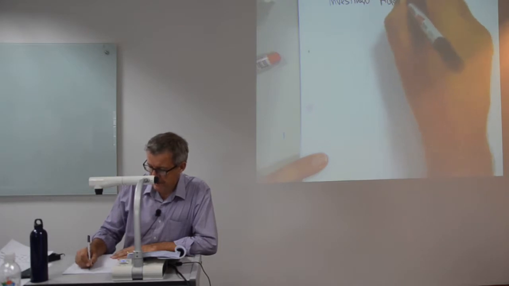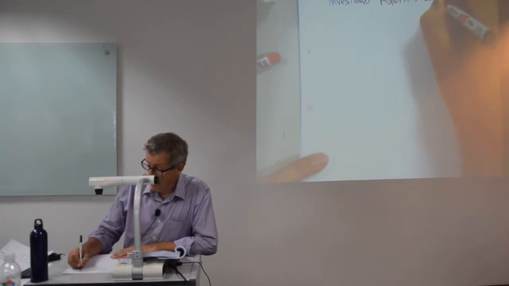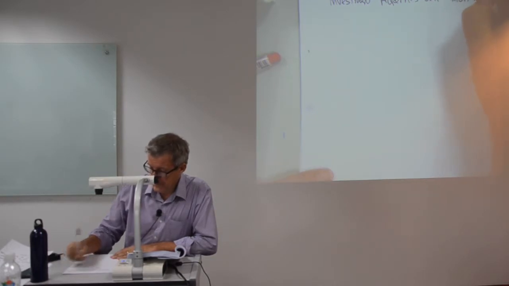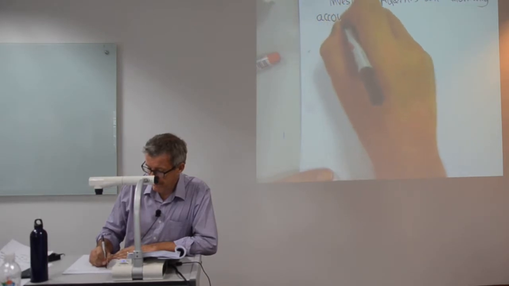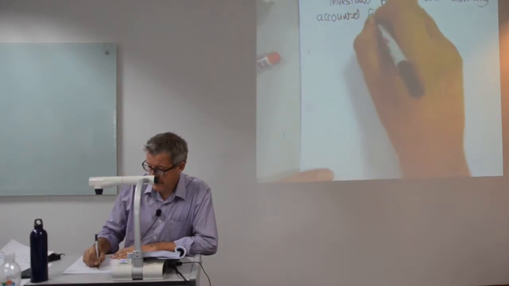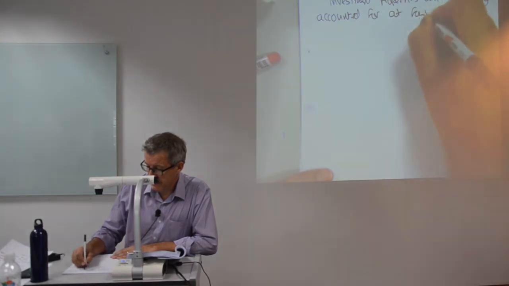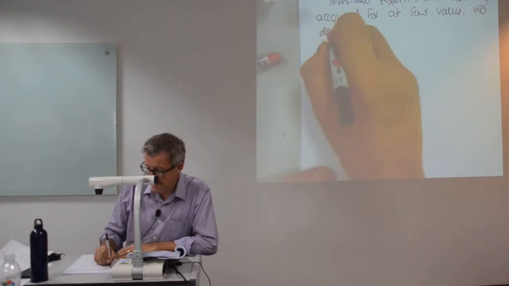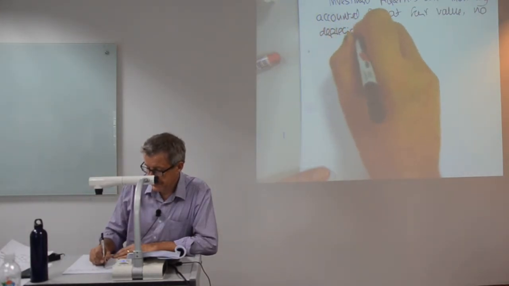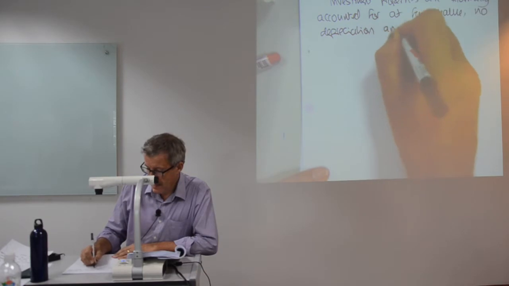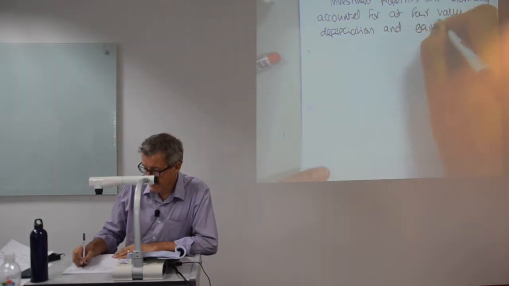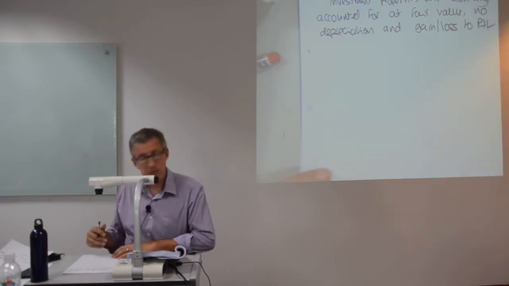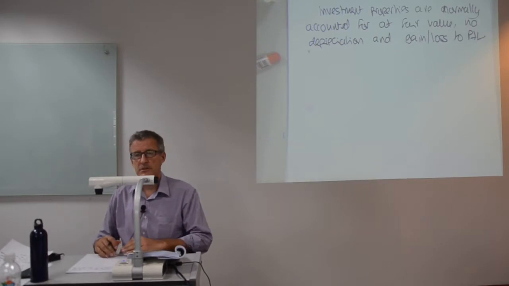Investment properties are normally accounted for at fair value, comma, no depreciation, and gain or loss to P&L. Full stop, leave a space, new paragraph.